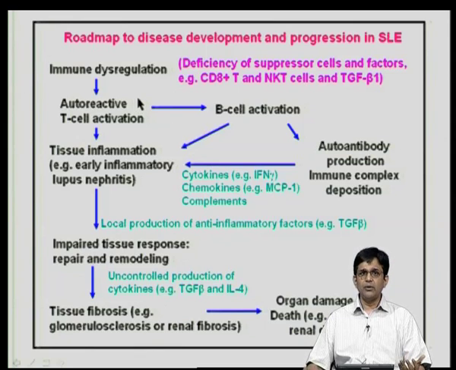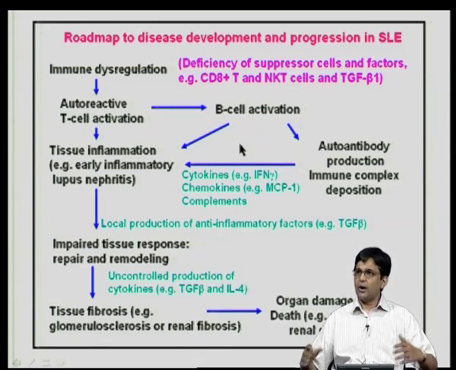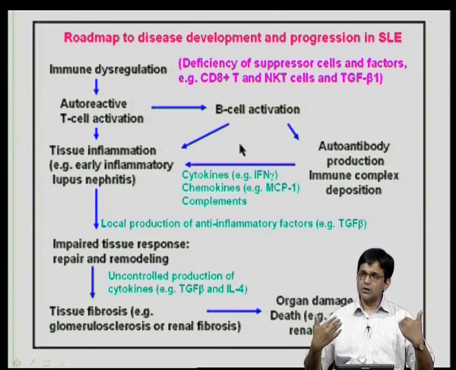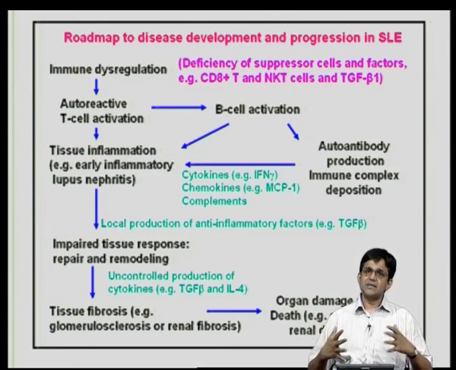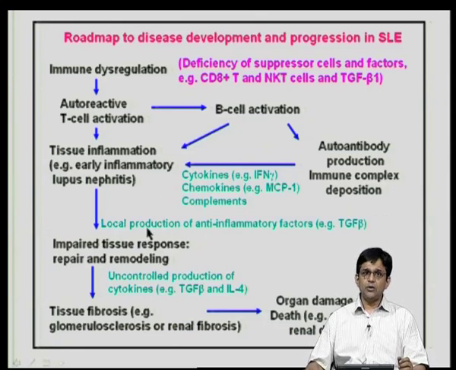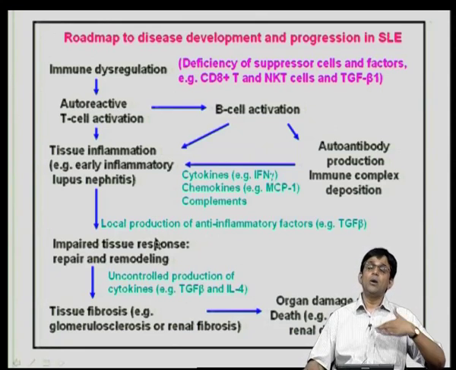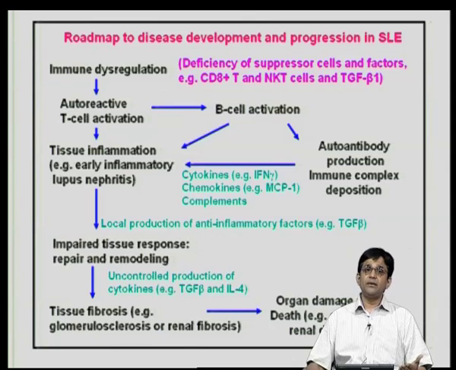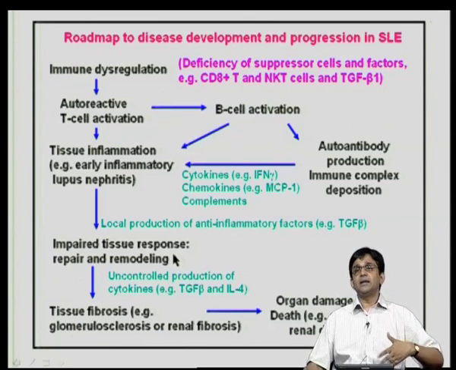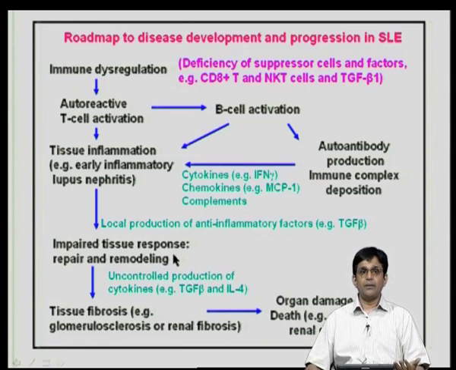You have immune dysregulation, you have autoreactive T cell activation, which will go on and turn on B cell activation. Then subsequently you have tissue inflammation, you have autoantibody production, and you have different cytokines that are turned on, because now what you have is an inflammatory scenario. Then you have impaired tissue responses, because of the excessive inflammatory reaction, your organ and tissue functions are getting compromised. They are not able to repair themselves as well.